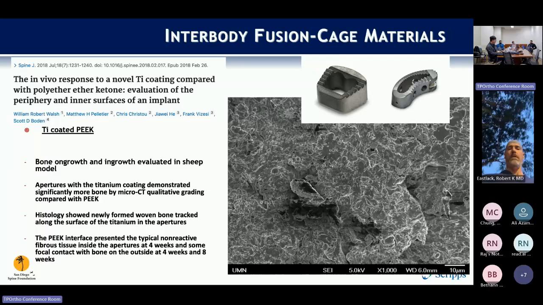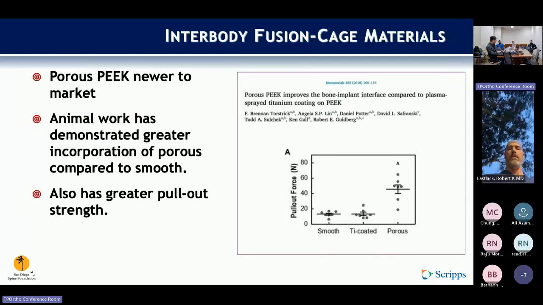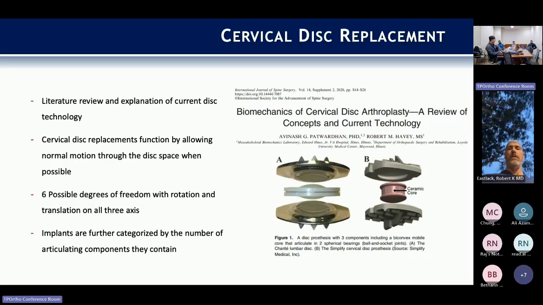Porous PEEK is newer to the market. Animal studies have shown greater incorporation of these porous structures compared to the smooth, with greater pull-out strength.